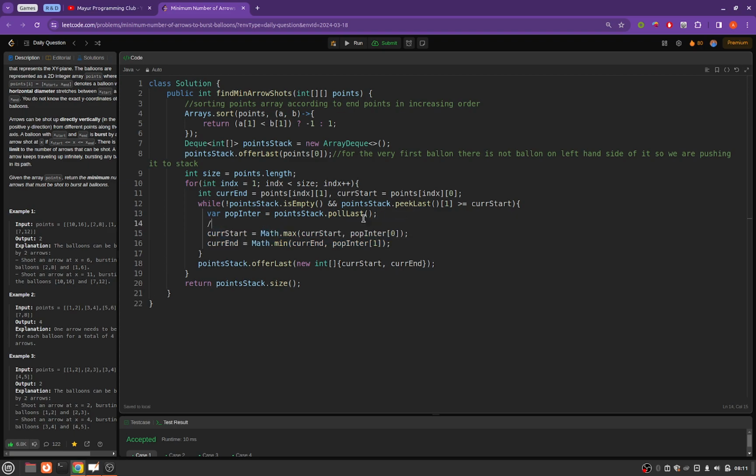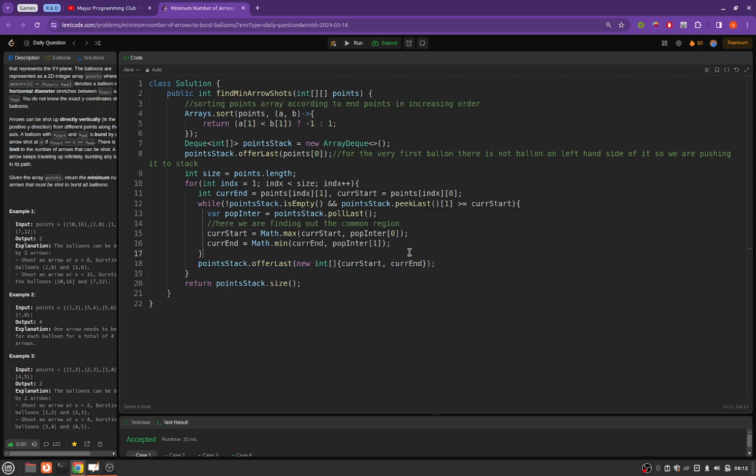Here we are finding out the common region. And once we have the common region, after there is no overlap existing, we will just push the common region into the stack.